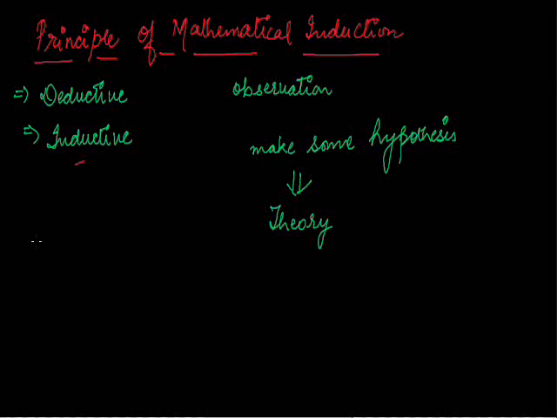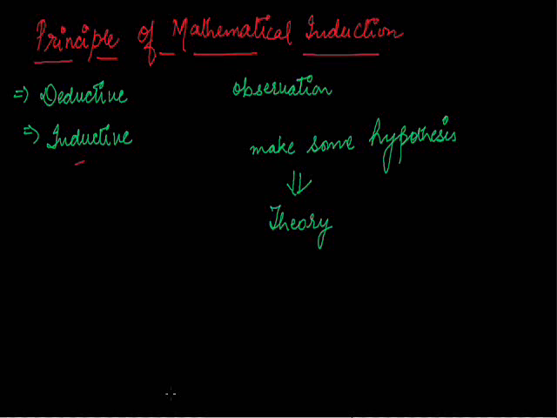Now when we continue to see these observations, on the basis of these observations we try to make some pattern, and on the basis of that pattern we make some rule, and on the basis of that rule we try to make some theory.